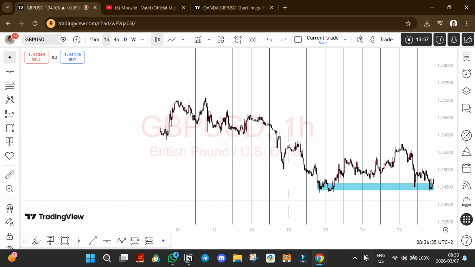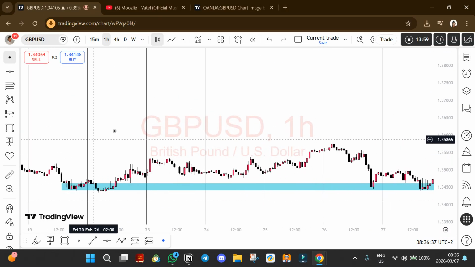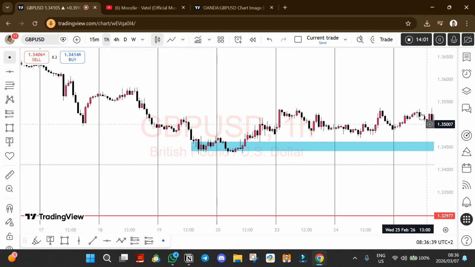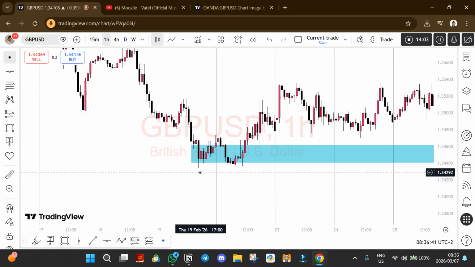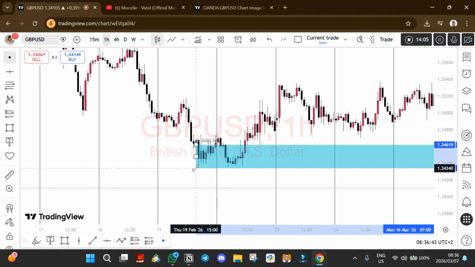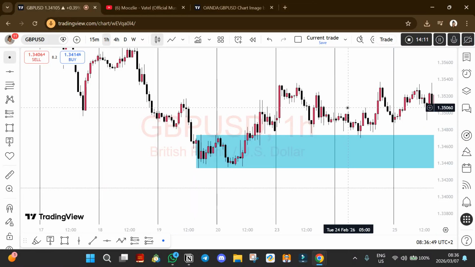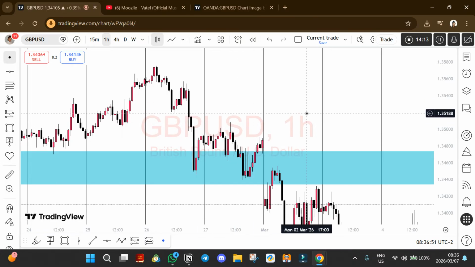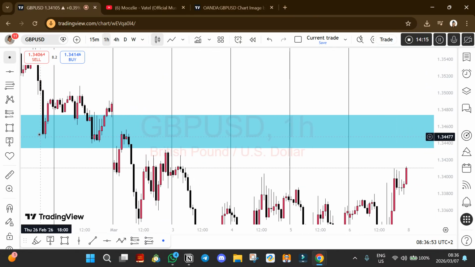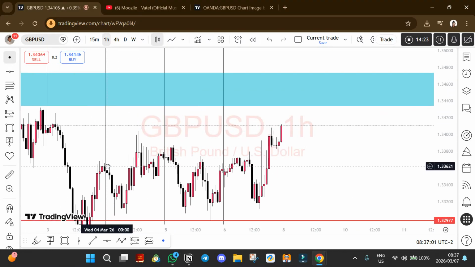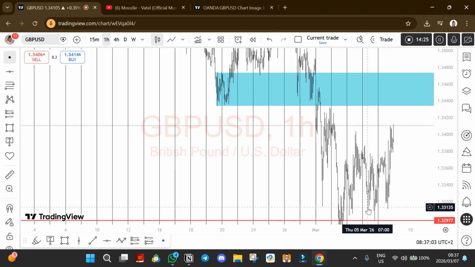Let me zoom in here and see how I am going to take this. Am I doing structure? Am I doing wicks? Okay, let me just do this entire structure over here. It's okay to also modify as time goes, right? As you can see, this area over here broke, and then the market retested it. It also overlaps with that session gap from the week.